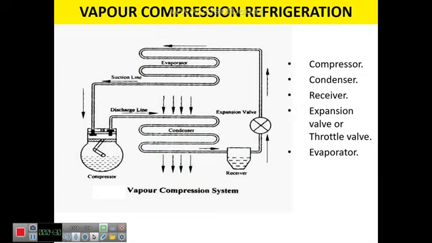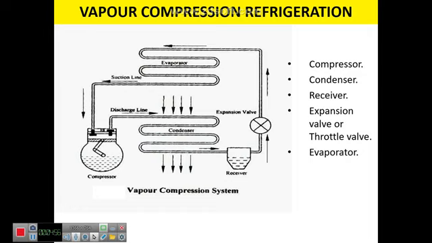The evaporator is the portion where we remove the heat from the food items. When you place the food items, the refrigerant absorbs the heat from the food items, or from the space in the building. The evaporator is the space in the building where the pipeline refrigerant absorbs the heat from the room items.